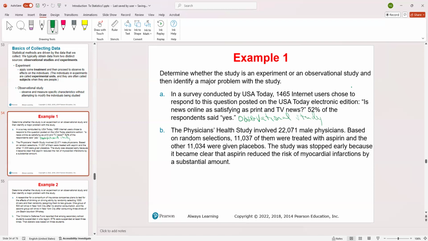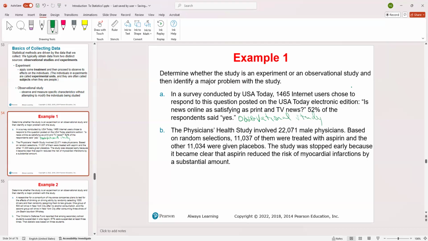So the sample may well be biased. The question was posted in an electronic edition of a newspaper, so the sample is biased from the beginning. It's not a very representative sample. It's voluntary based and it's observational. There is no treatment imposed.